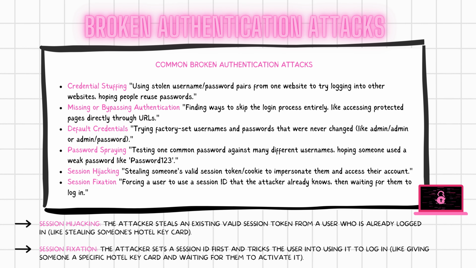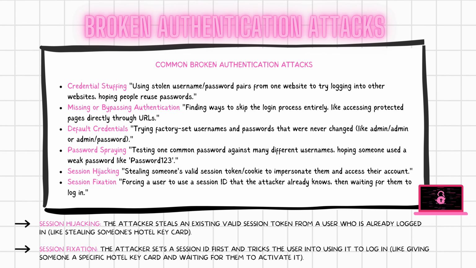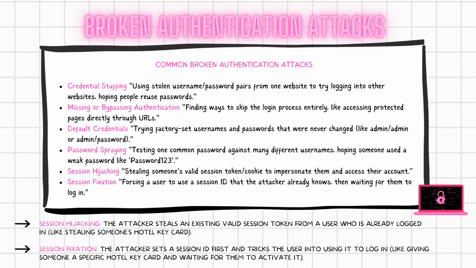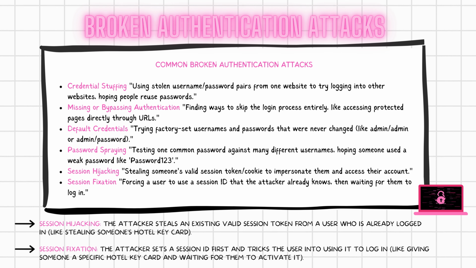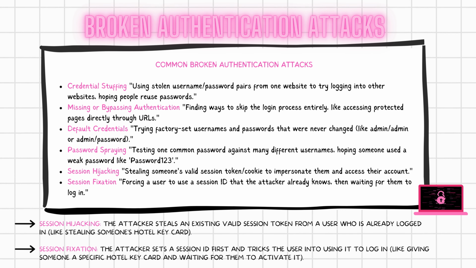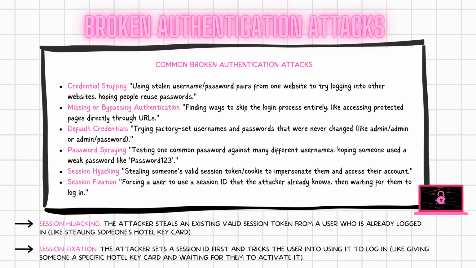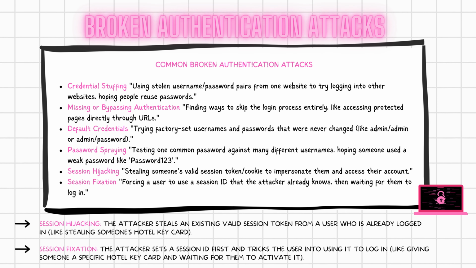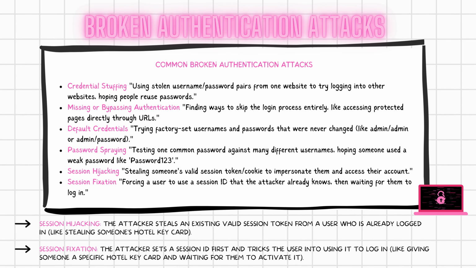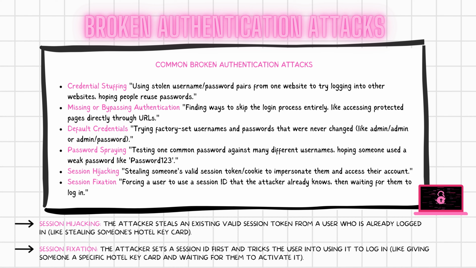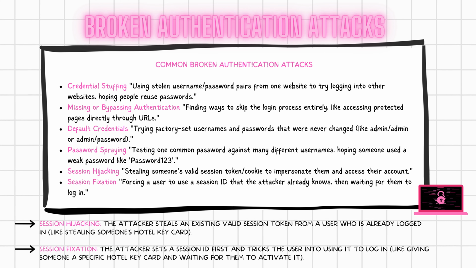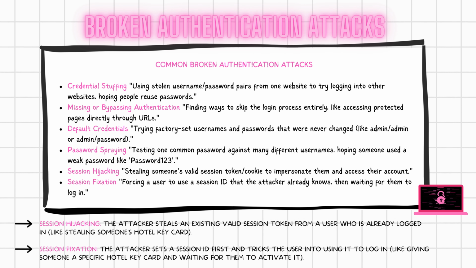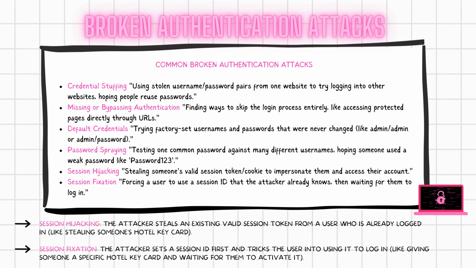Then the second is missing or bypassing authentication. This is very simple. Sometimes some of the endpoints are protected with authentication, but some of them are even missing authentication, or there are some methods through which we can bypass that authentication. Let's understand: there is an application with two endpoints, one is slash profile and the second is slash profile slash change password.